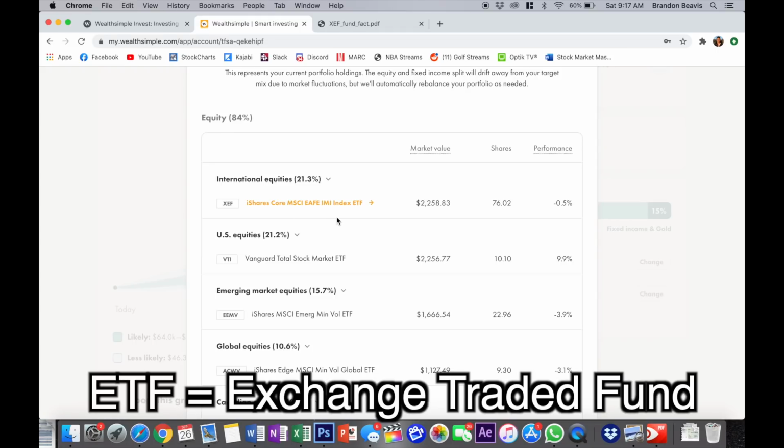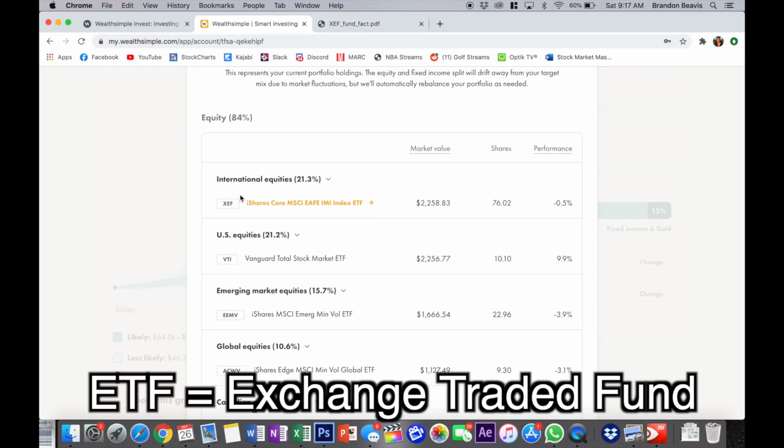And an ETF, by the way, for anybody that is very new to investments, you can very simply think of this as a basket of assets. So you're not going out and just picking one single stock and placing all your money into Tesla or Apple or whatever the individual company is. You're essentially buying a basket of these assets. And that's what's called an ETF, an exchange traded fund.